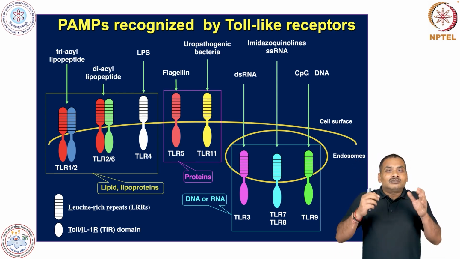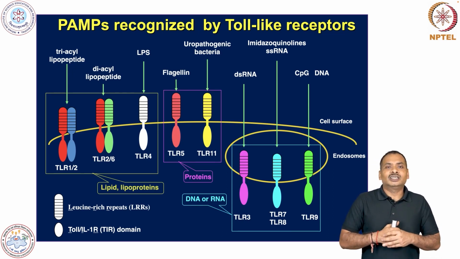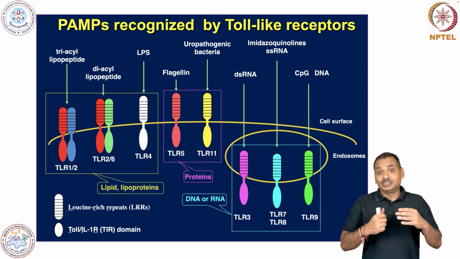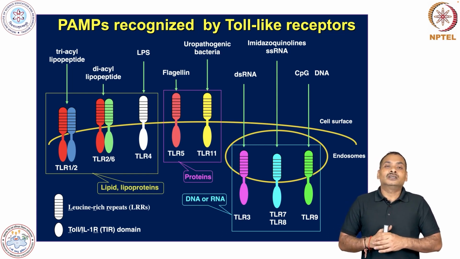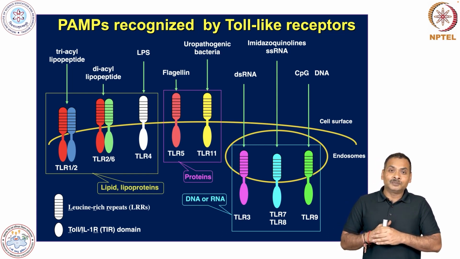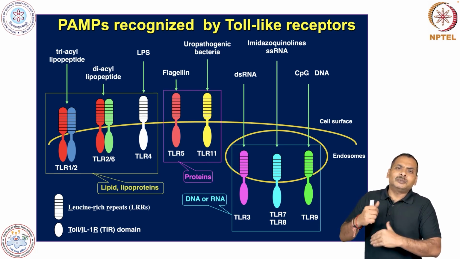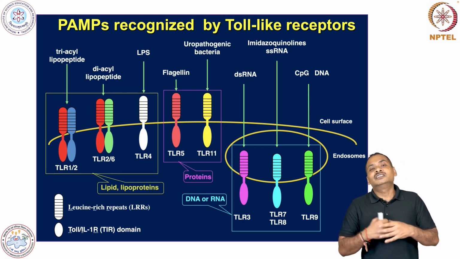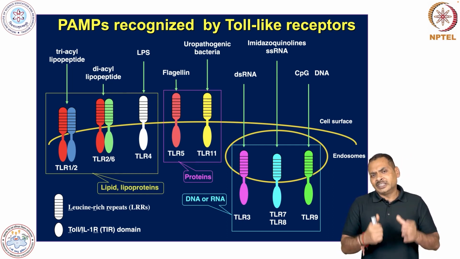Here I just want to give one important message: these pattern recognition receptors are germline encoded receptors, which is not the case in adaptive immunity. Over there, the receptors like B cell receptors and T cell receptors are generated after genetic rearrangement.